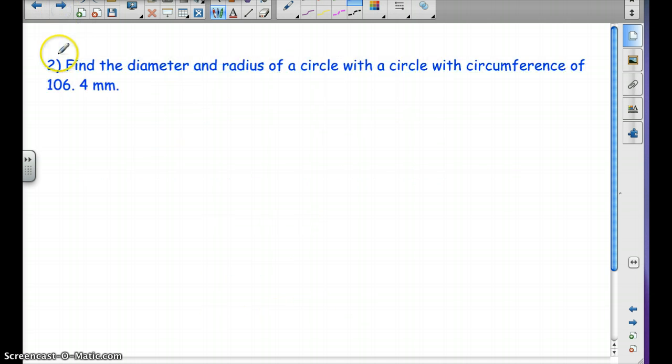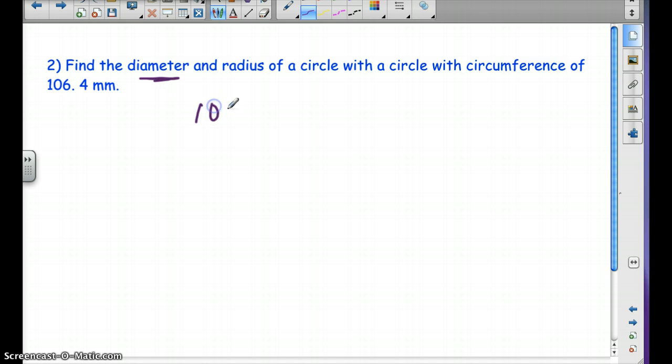Let's do another example. In this example, we are going to find the diameter and radius of a circle with circumference of 106.4 millimeters. So we're still going to use our circumference formulas. I'm going to use the diameter formula first.